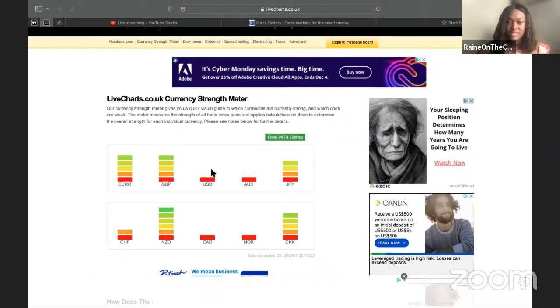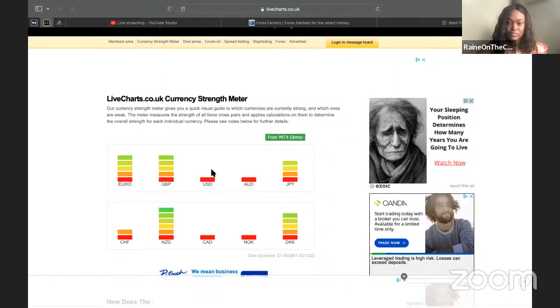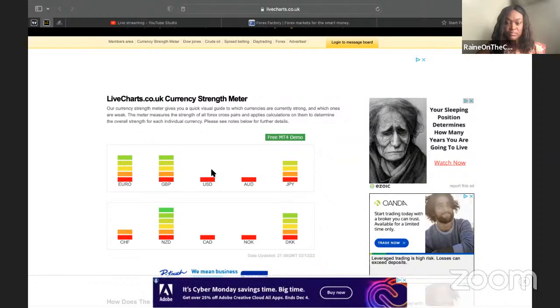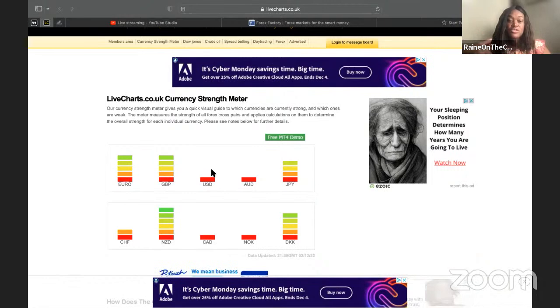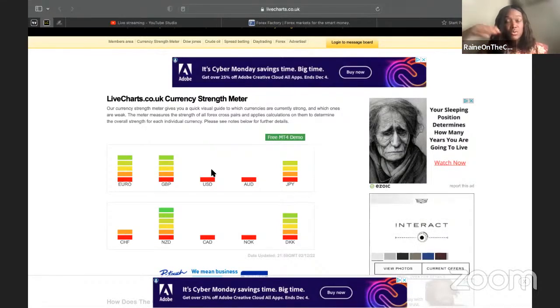Do you guys have that? Repeat that one. I need to write that one down. Okay. So when it comes to me trading, I'm looking at the currency strength. So when the first currency is stronger than the second currency, I want to go long or I want to buy.